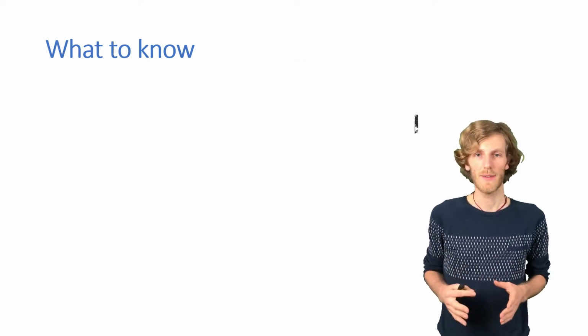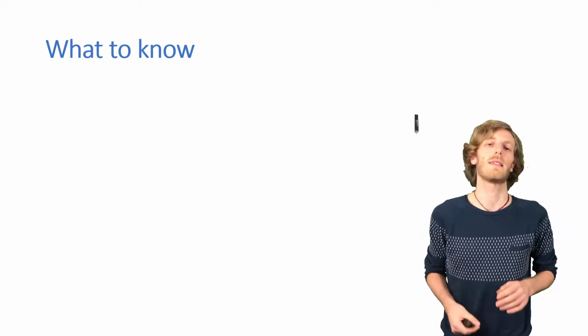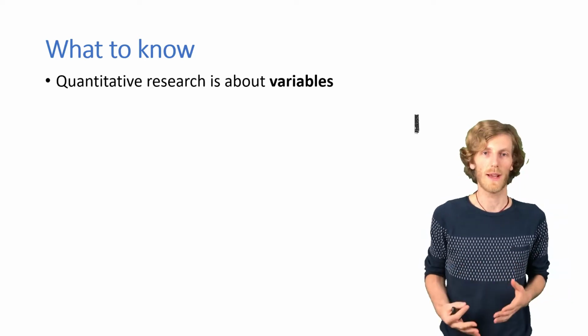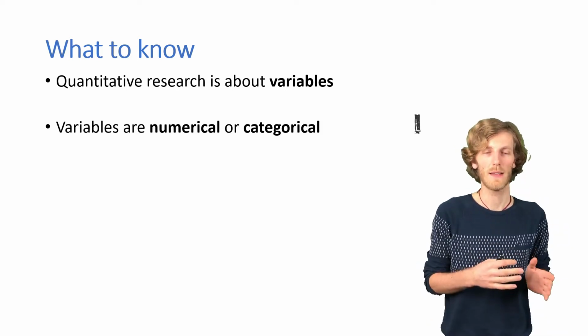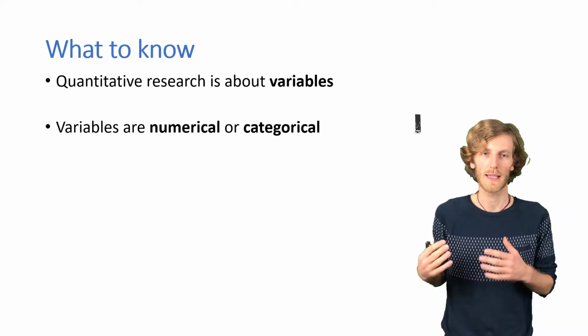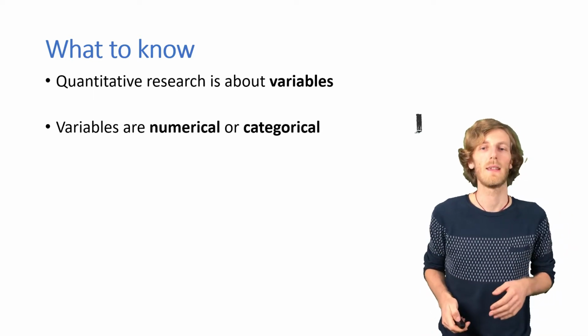That's it for this first video. So what are the things you really need to know? The first thing is that quantitative research is all about variables. And variables, for our purposes, are either numerical or categorical. If they're categorical, they fall into a limited number of specific categories.